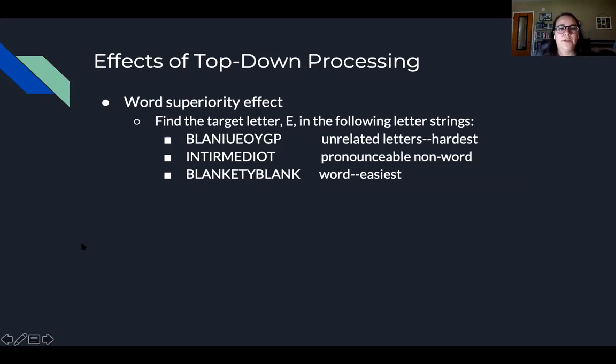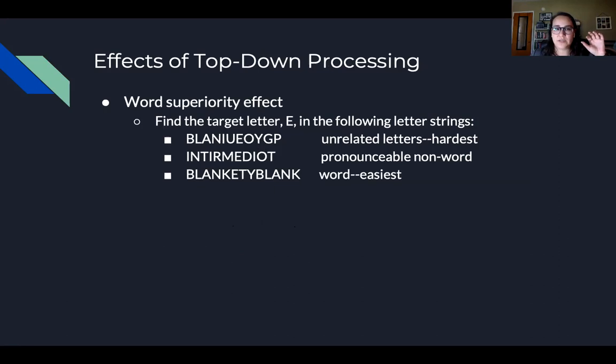And so when we compare blankety blank, how quickly we're able to find E in comparison to intermediate, and also the gibberish one, our eye goes a lot faster. We're a lot quicker to find the E, and that's because our mind is used to words.